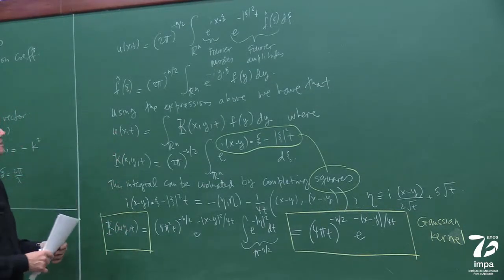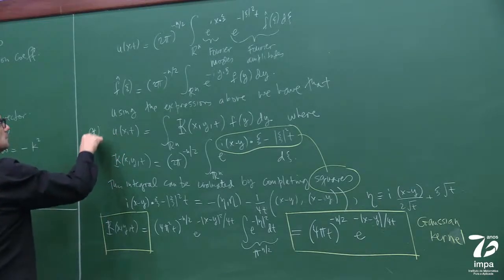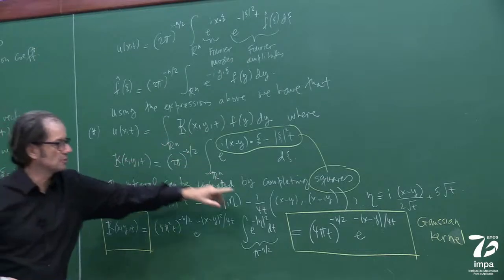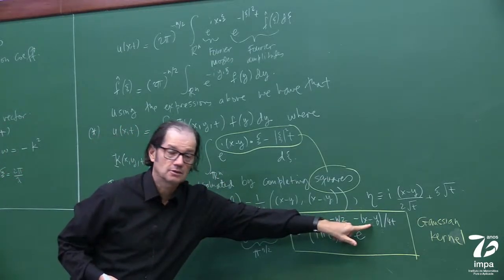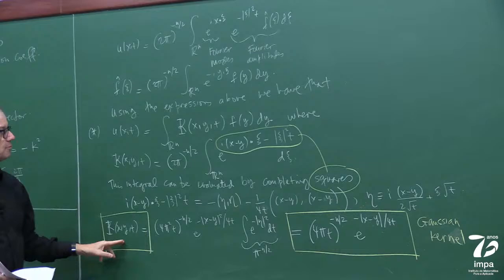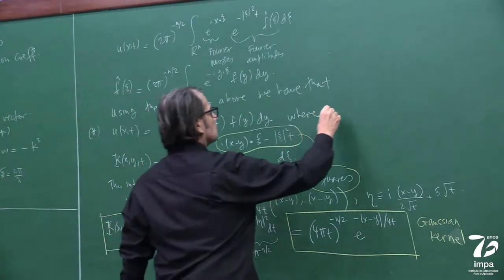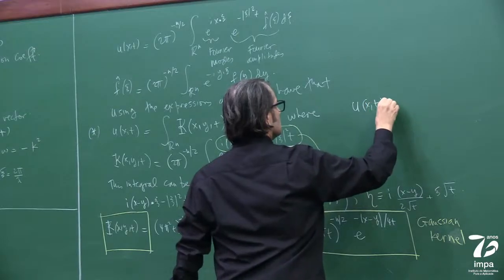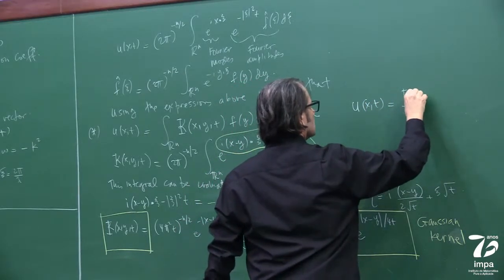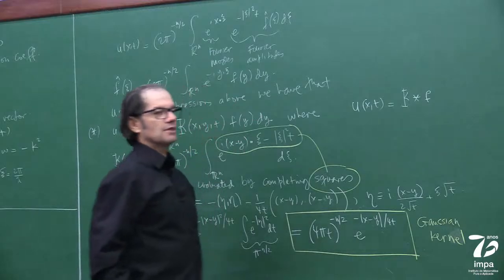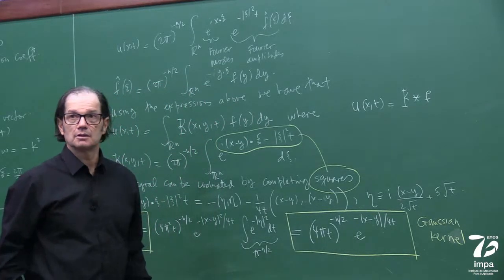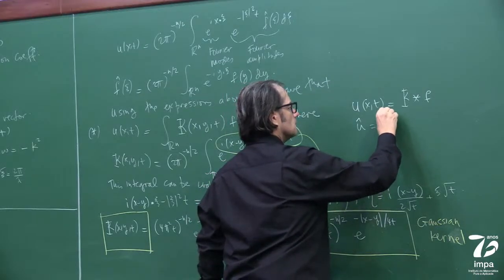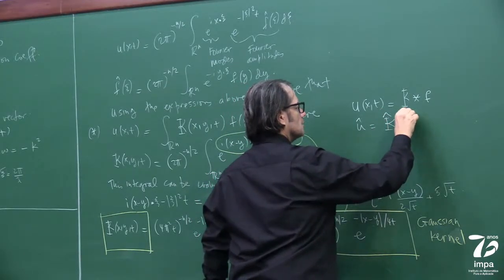So we get that this now is basically, we see how this guy is a kernel and it is a convolution. Excellent, right? Because then I can write that u of x,t is equal to K convolved with f, which in Fourier space we also have as this multiplied by f.